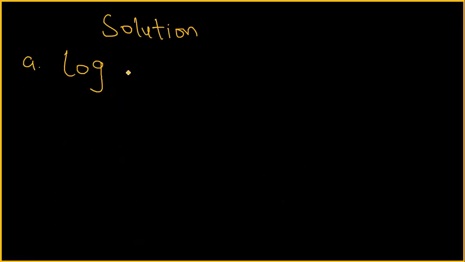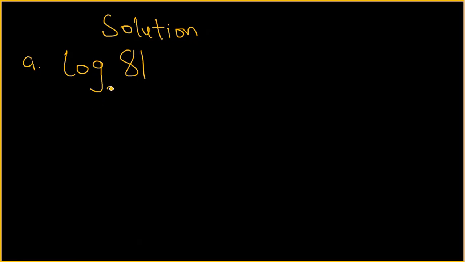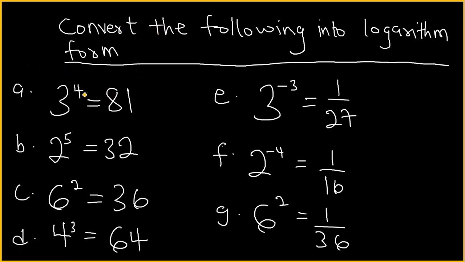Log of 81 to the base. 3 is our base, 4 is our index or power. So now we have 3 as our base equals the power, which is 4.